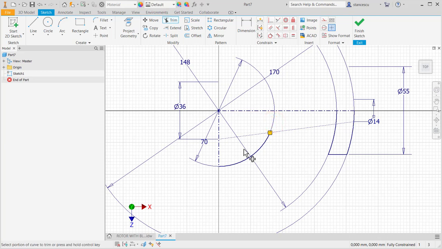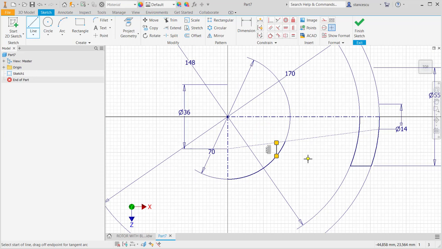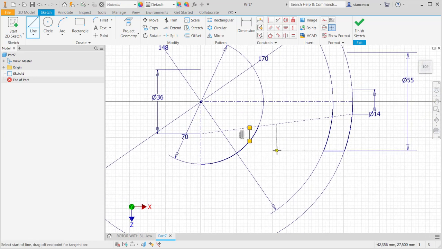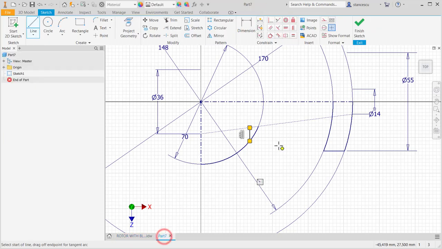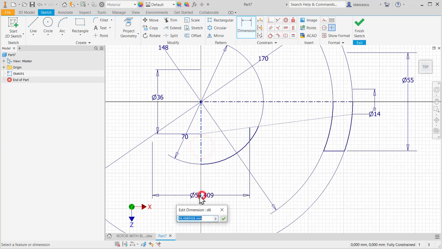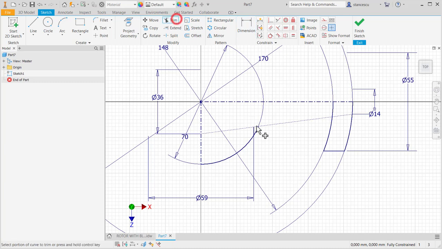still fully constrained. I draw a vertical line between these two entities, and this is this one at 59, dimension 59. Okay, trim again, I am very careful to maintain fully constrained here, yes?